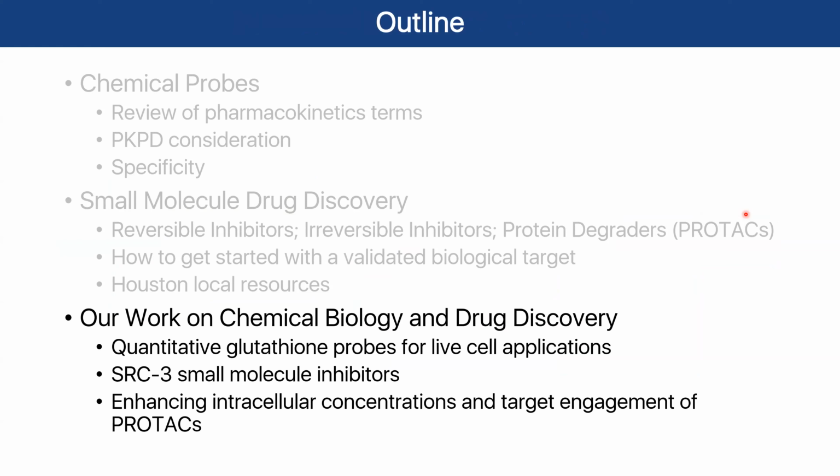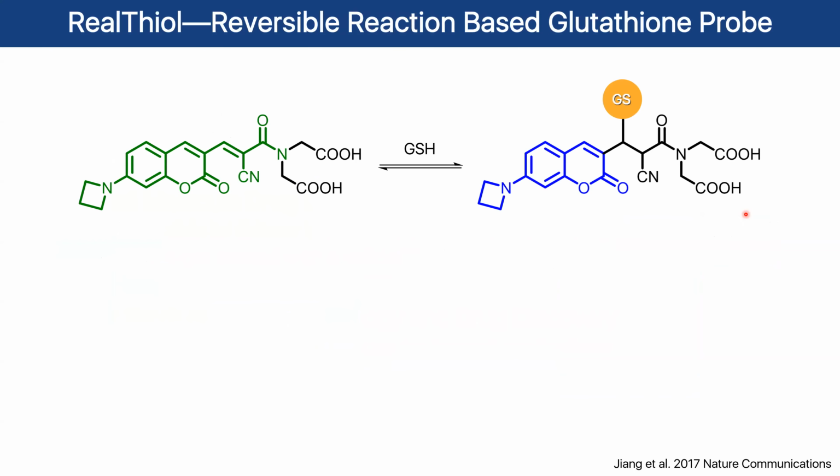I'll quickly show three stories, just to give you very basic ideas of what we did in the lab. The first one is the reversible reaction-based glutathione probes, which some of you actually use.